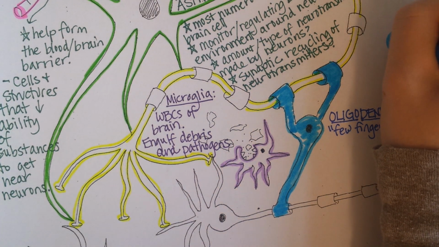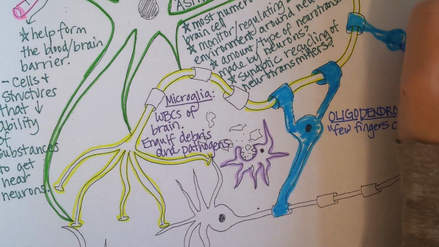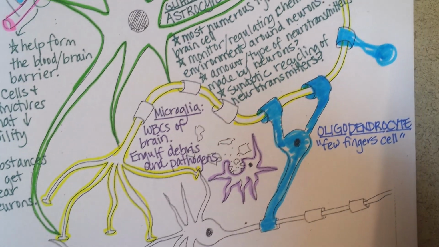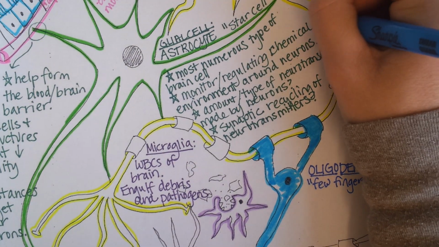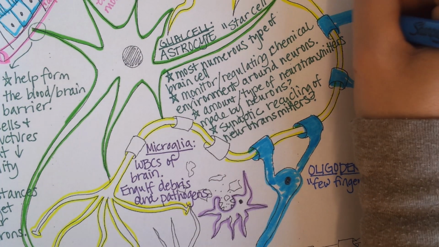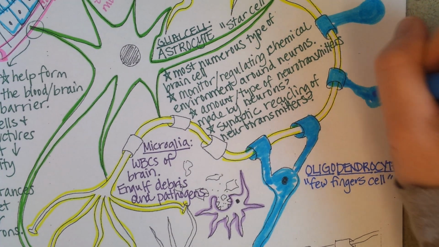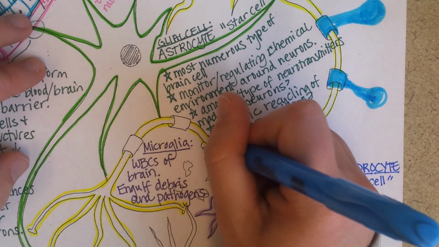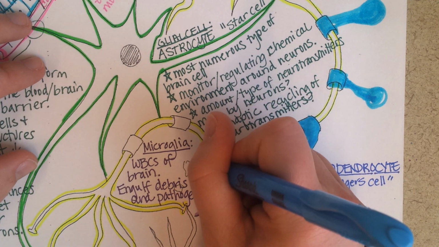And then there would be another one over here, wrapping here. Another one here. So it might take several of these oligodendrocytes to fully insulate the axon of a neuron. So everywhere you see this myelin wrapping, you know that there's an oligodendrocyte somewhere nearby.